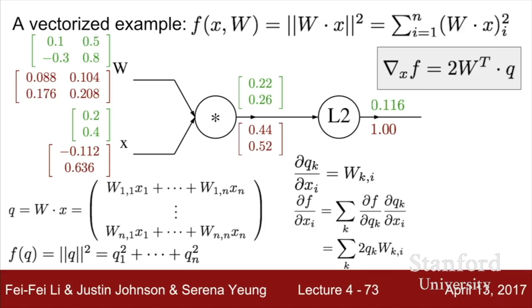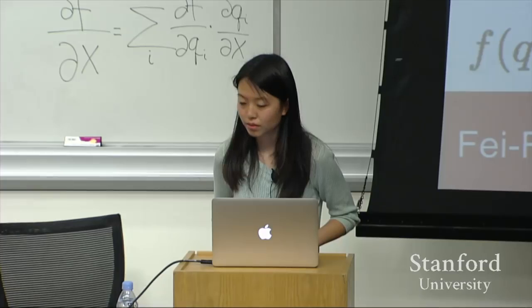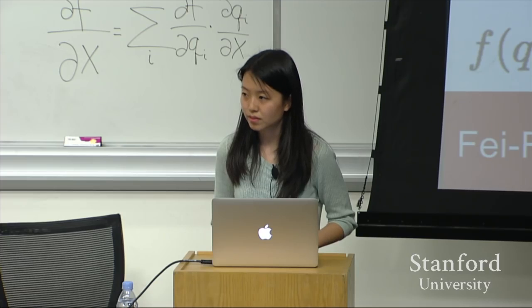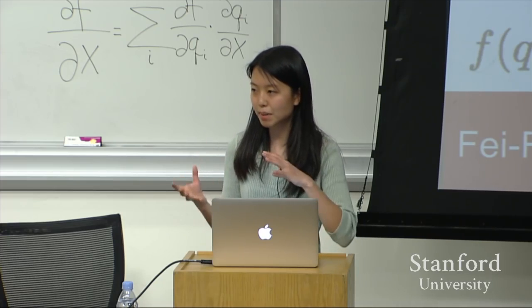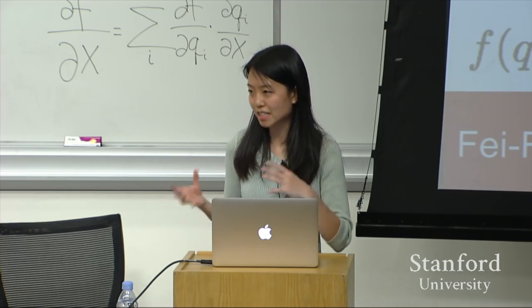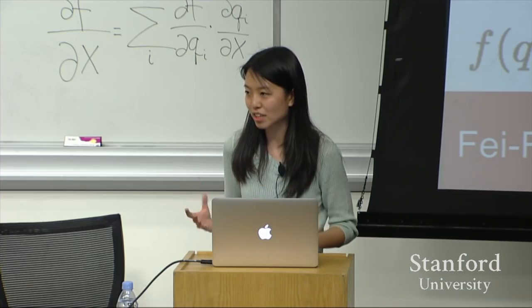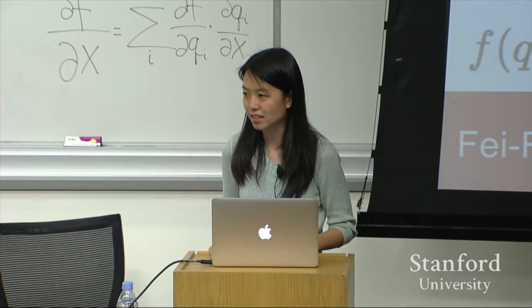In practice, we take that, and you're going to see it up there in the chain rule. So the vectorized expression of the gradient with respect to x is going to have the Jacobian here, which is this transposed value. So you can write it out in vectorized form. In this case, the matrix is going to be the same size as W, so it's not actually a large matrix in this case.